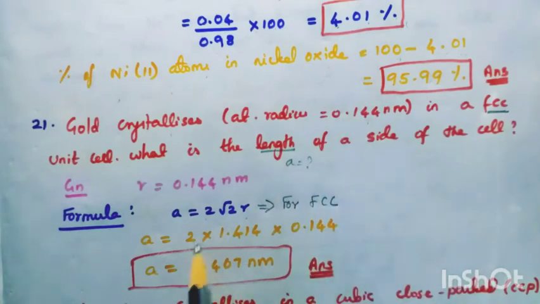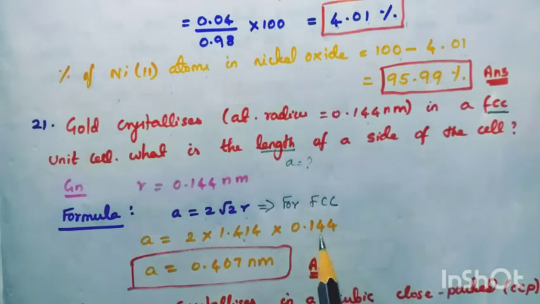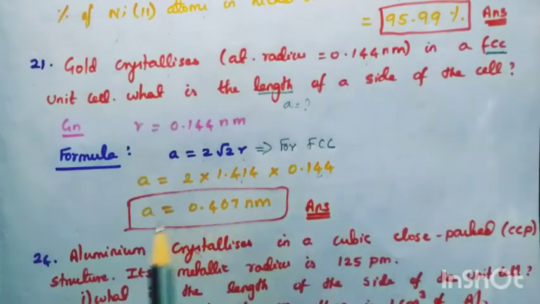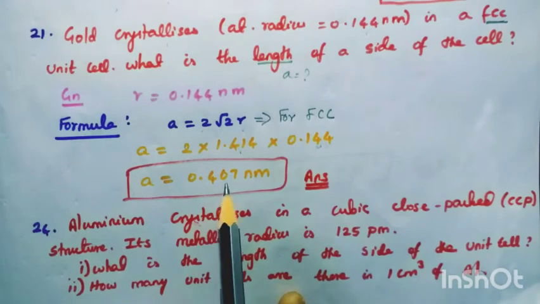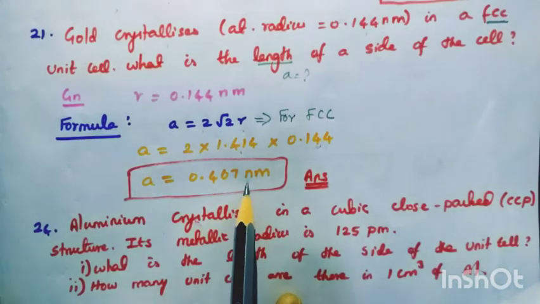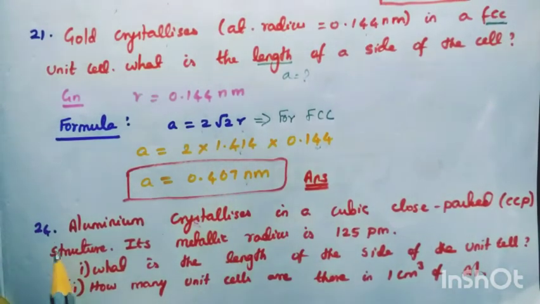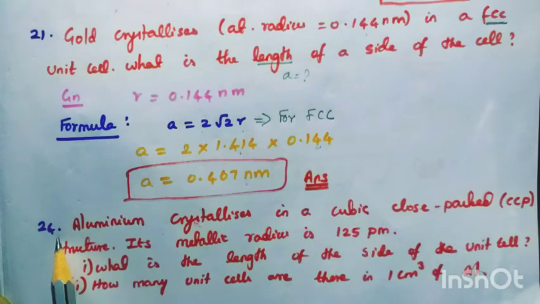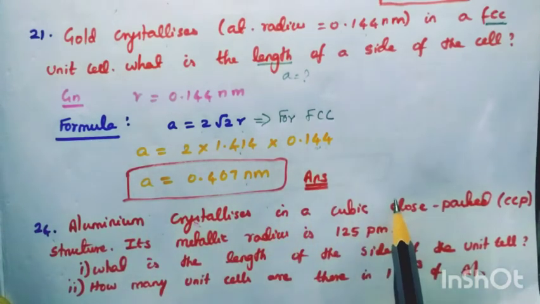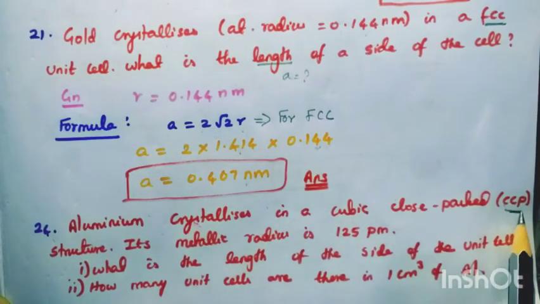So 2 into root 2 value 1.414 into 0.144, that is the R value given. So we can directly calculate the edge length A is equal to 0.407 nanometer.